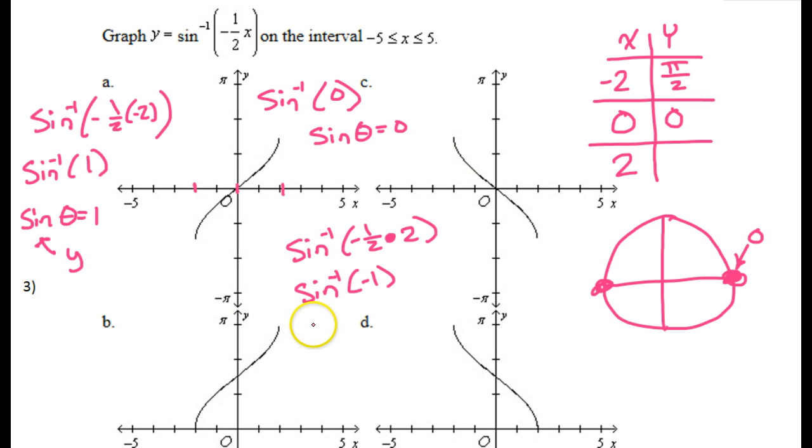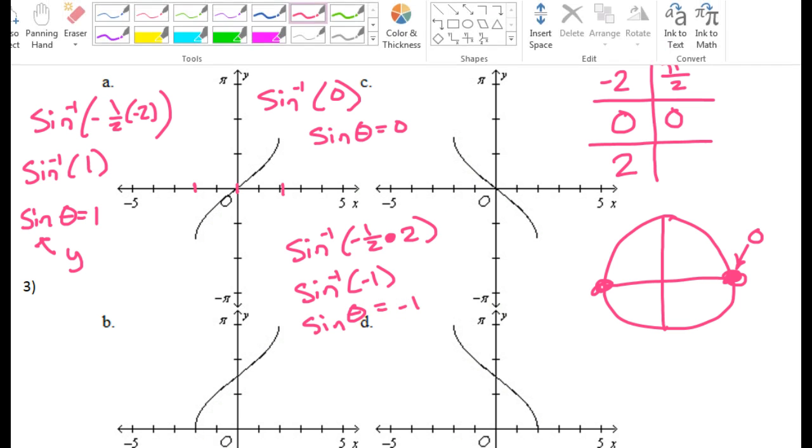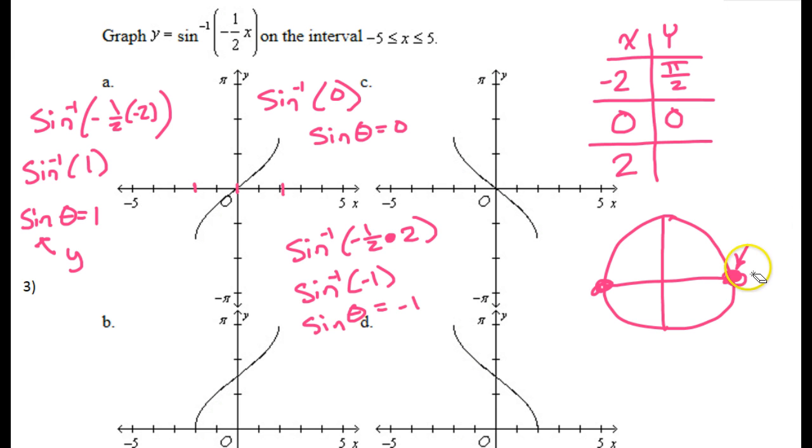So you should be asking yourself the sine of what angle is equal to -1. All right, here, sine is a y value. The y value is -1 right here.